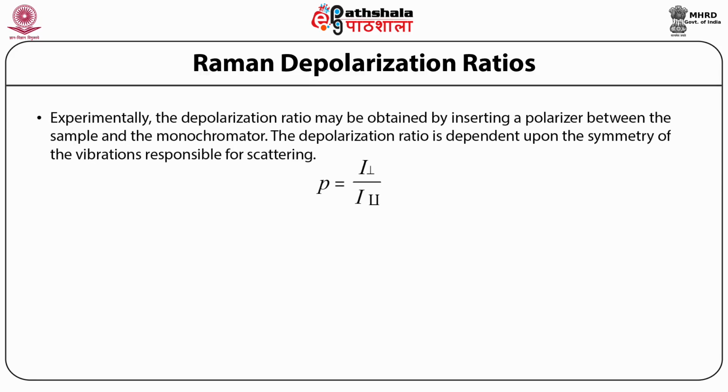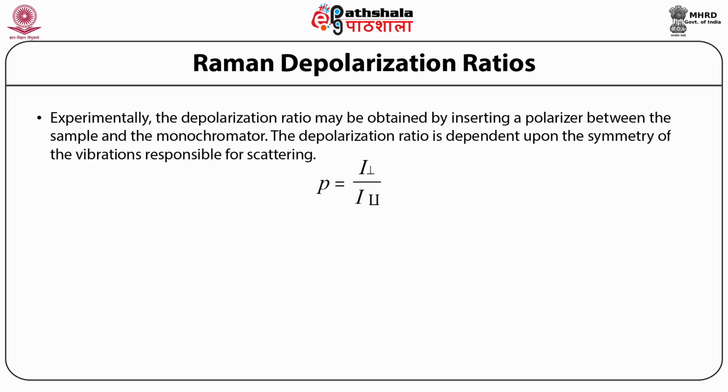Experimentally, the depolarization ratio may be obtained by inserting a polarizer between the sample and the monochromator. The depolarization ratio is dependent upon the symmetry of the vibrations responsible for scattering.